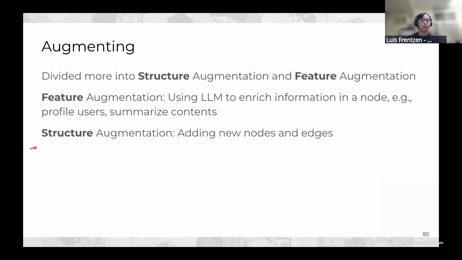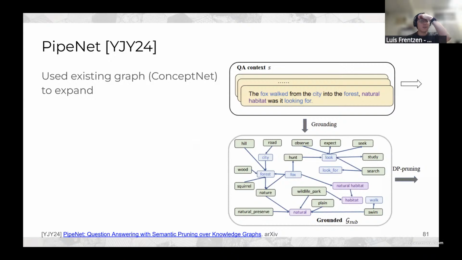But when we are talking about structure augmentation, you are going to try to add new nodes and edges to your graph. So this is not the content, but the topology, or the structure of the graph itself. For example, in the PipeNet that we discussed before, they use an existing graph like ConceptNet in order to expand the knowledge graph that they are creating from this QA context.